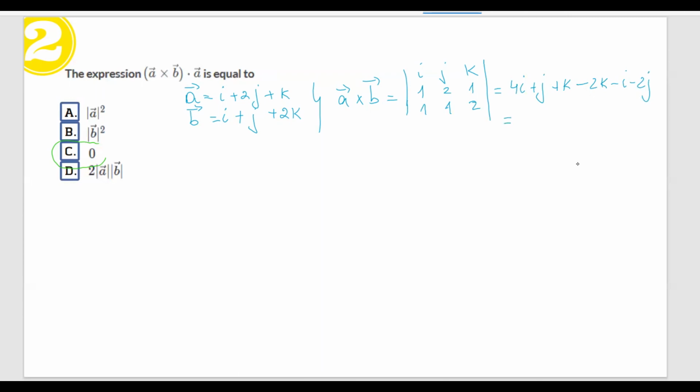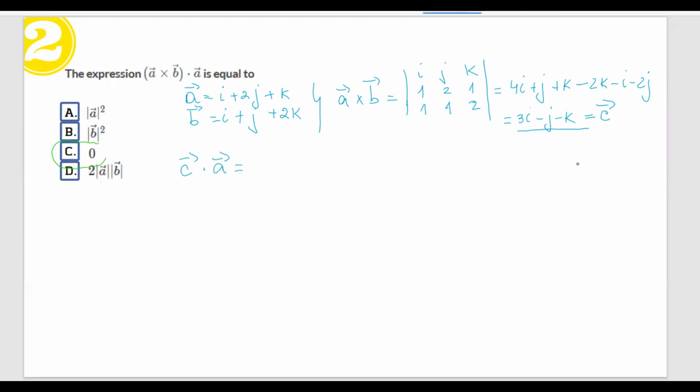And now let's rearrange. 4i minus i, I get 3i. j minus 2j is minus j. k minus 2k is minus k. So this is the vector of the cross product. So now I have, let's call this vector C. So now I have to do C dot A.